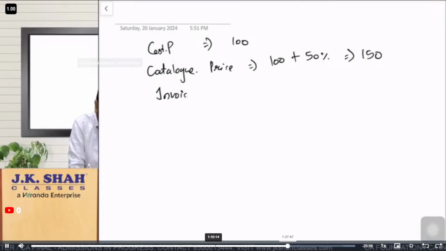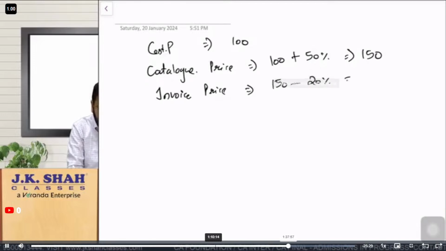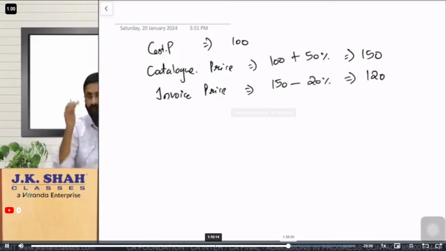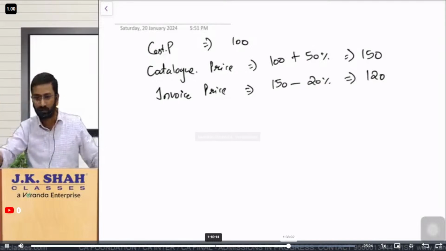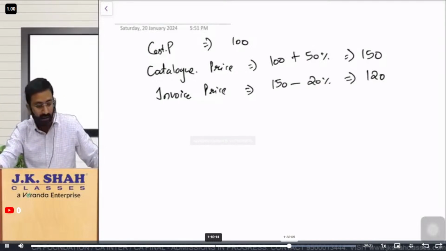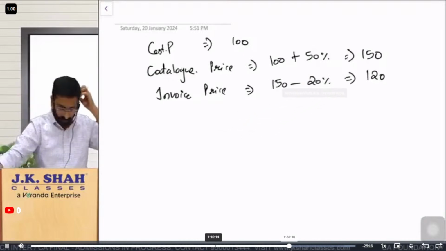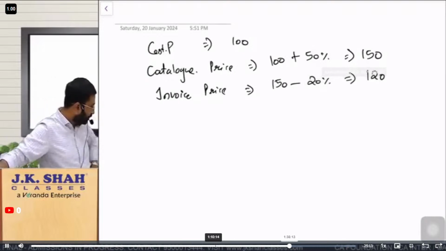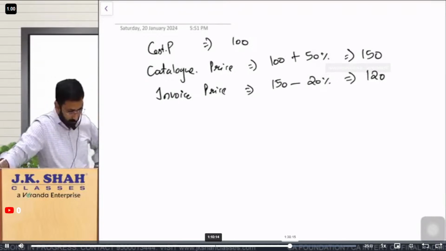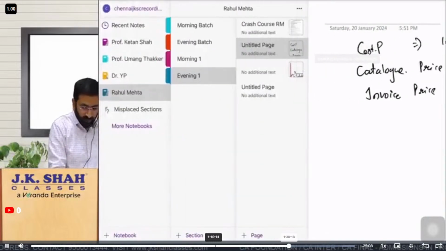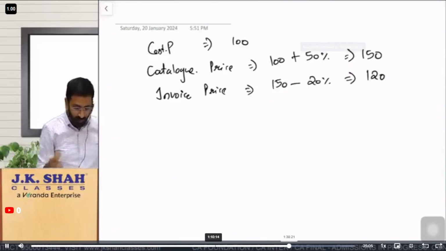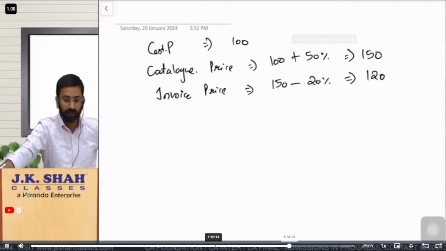Invoice price is 20% less than catalog, so 150 minus 20% will be 120. I'll assume cost to be 100, catalog price to be 150, invoice price to be 120. Cost 100, catalog 150, IP 120.